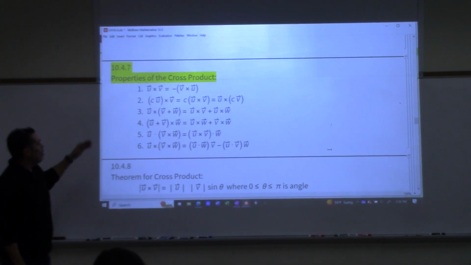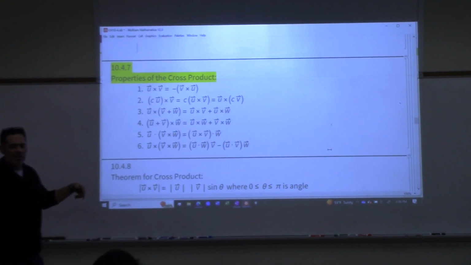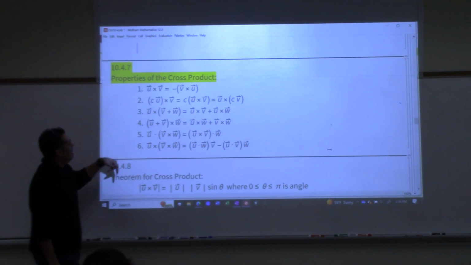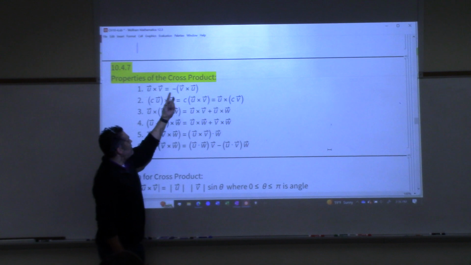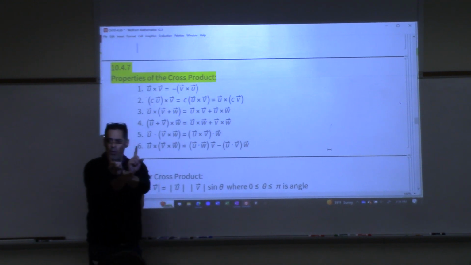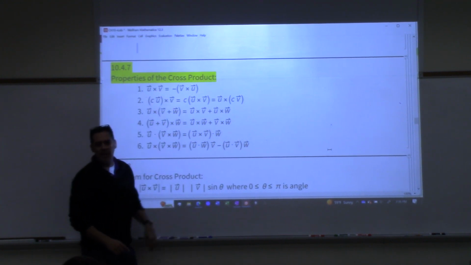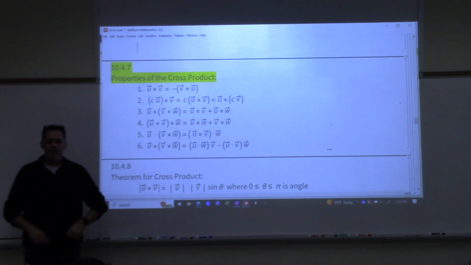This just gives us all the properties of the dot product and the cross product. For example, U cross V is the same as taking V and crossing with U. So you switch the order and the only difference is that you get a negative. So it changes the direction of the vector.